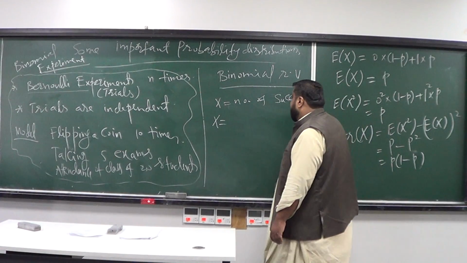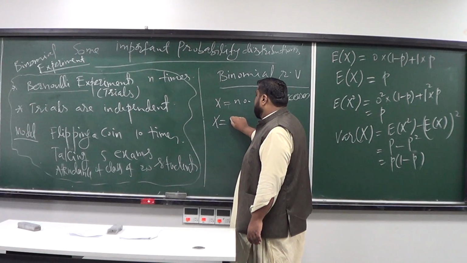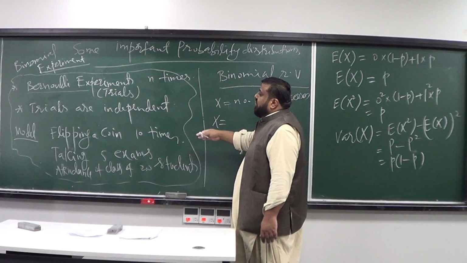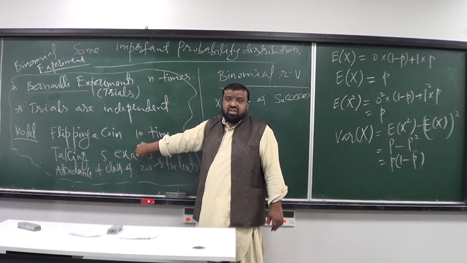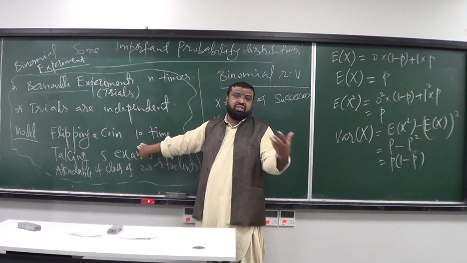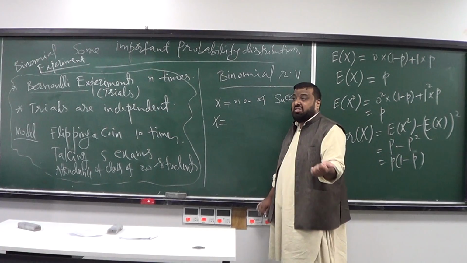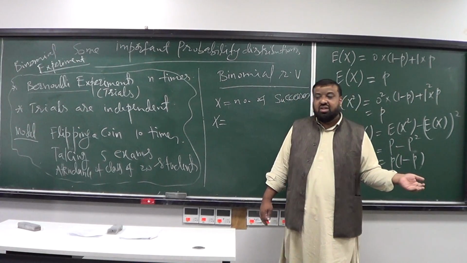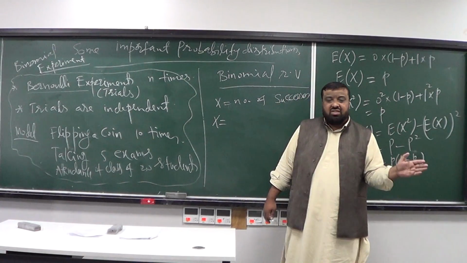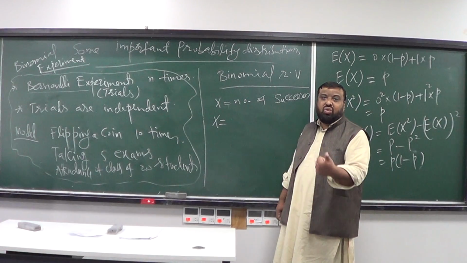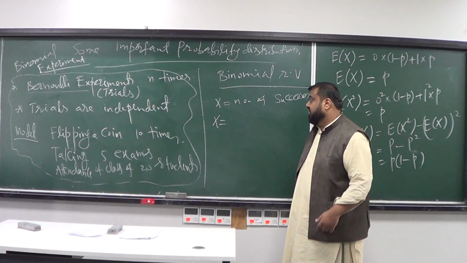So in other words, you flip the coin 10 times and how many times are you going to get, for example, head? You can have no head, you can have a worse situation in which you always have a tail, or you can have 1 head or 2 heads and so on and so forth.